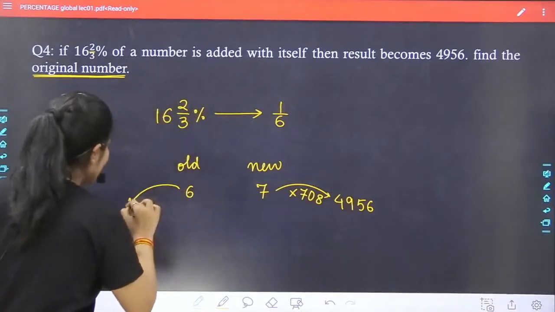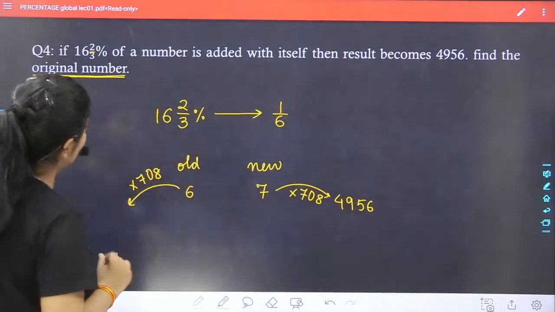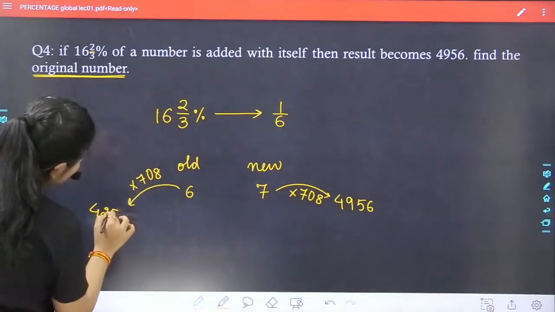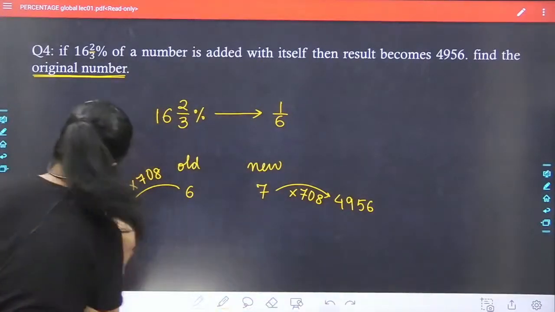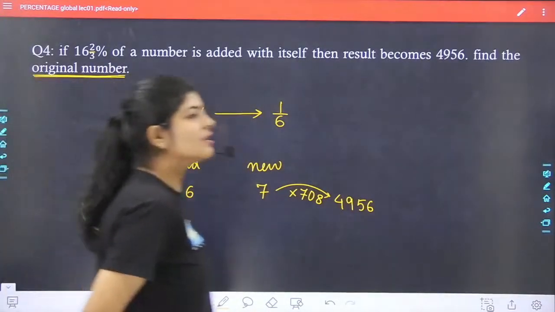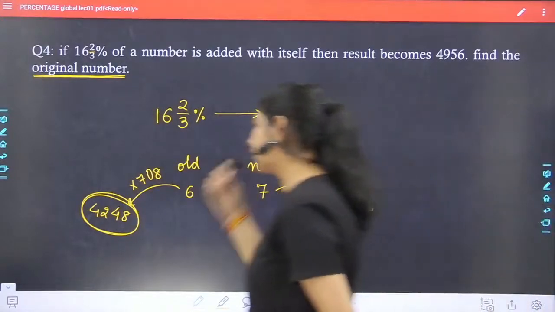So the old number is also on the multiple of 708 and we will get our old number as 4248. So the correct answer of question number 4 over here is 4248.